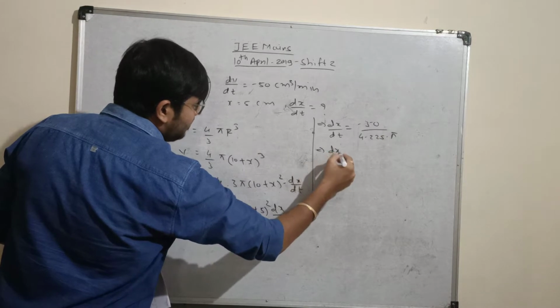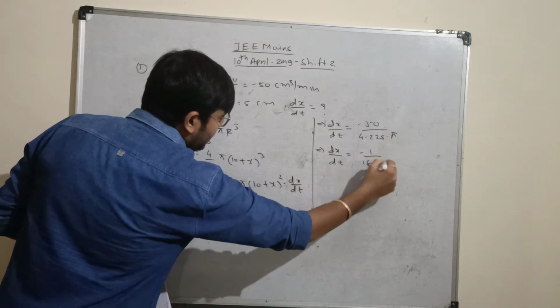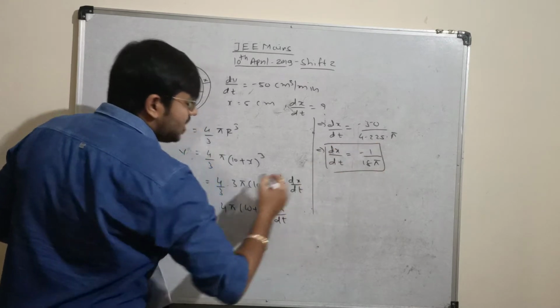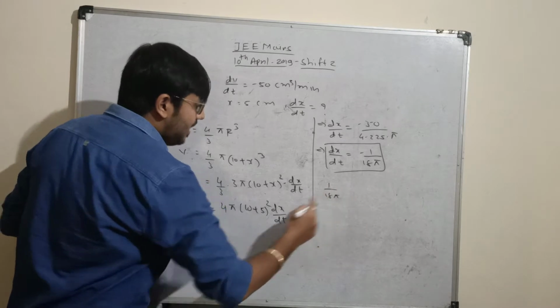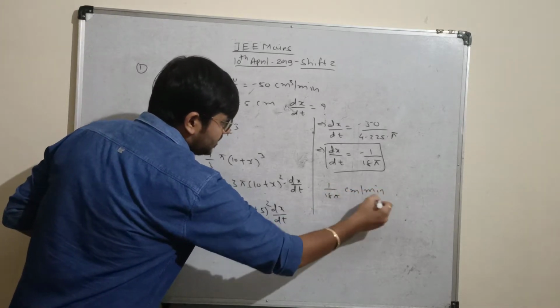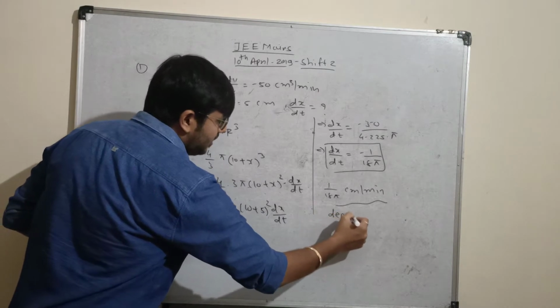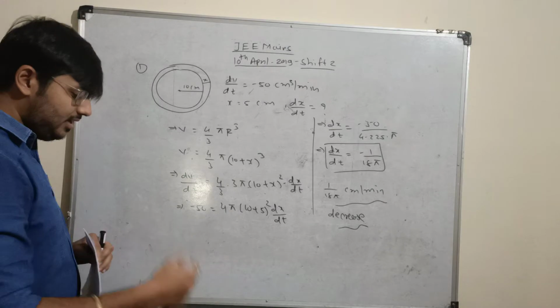So the answer will be dx by dt equals minus 1 by 18 pi. So the rate of change of thickness is 1 by 18 pi and it's centimeter per minute. This will be your answer. It is a rate of decrease of the thickness.